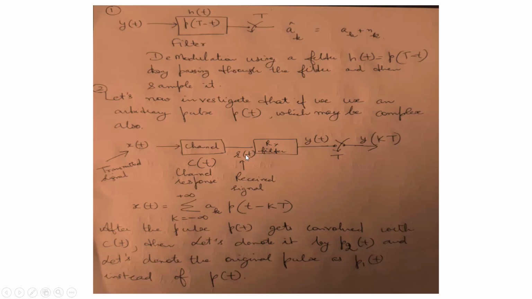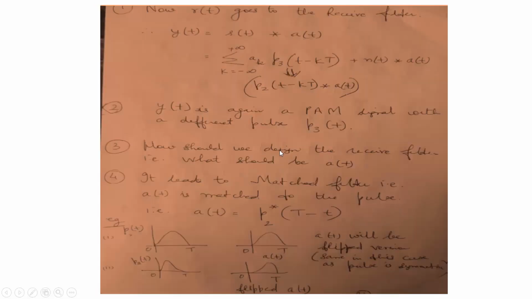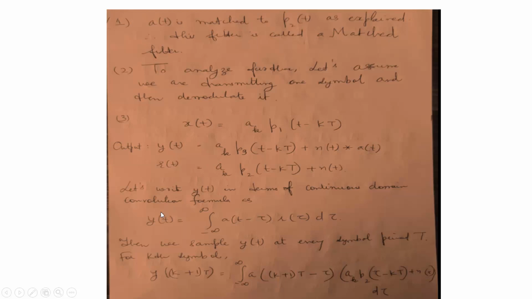So r(t) is convolved with a(t) to give me y(t). In the continuous domain I get y(t) equal to the integral from minus infinity to infinity of a(t minus tau) r(tau) d tau.